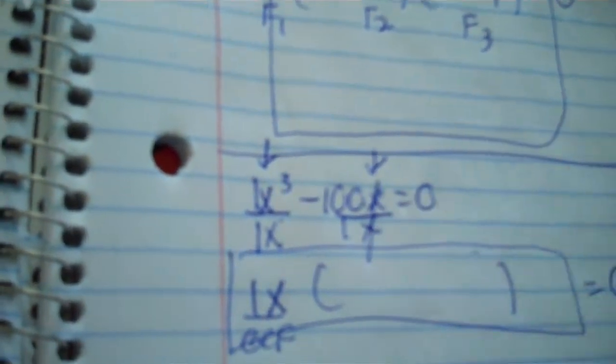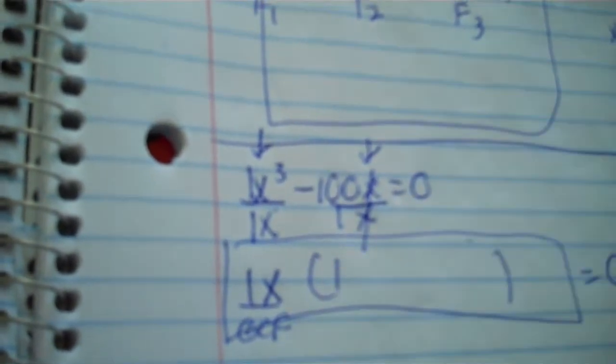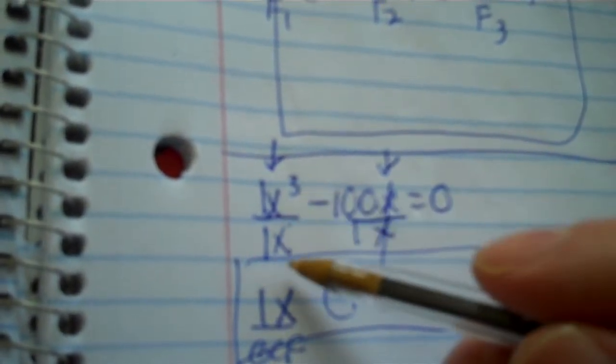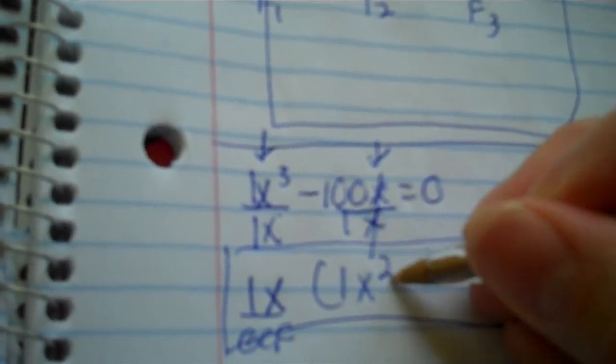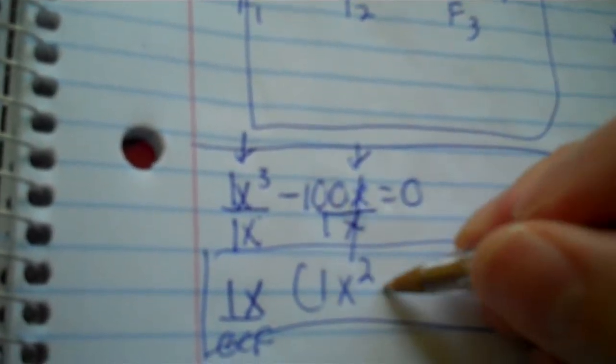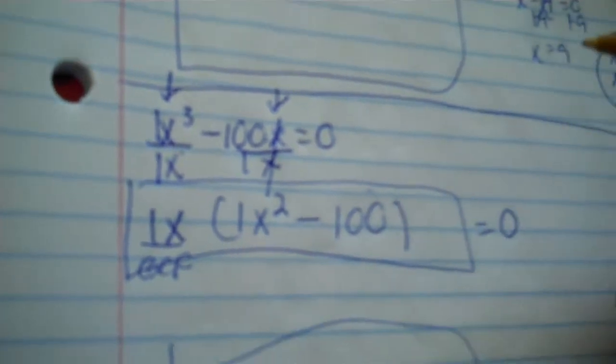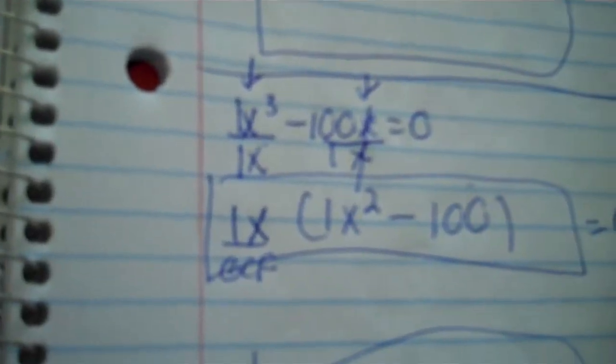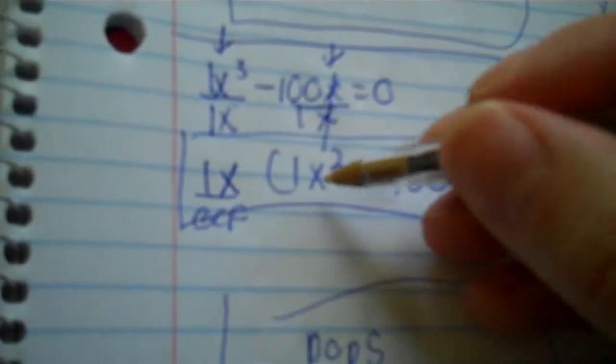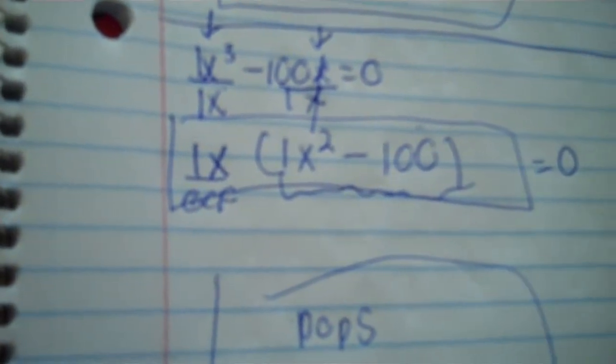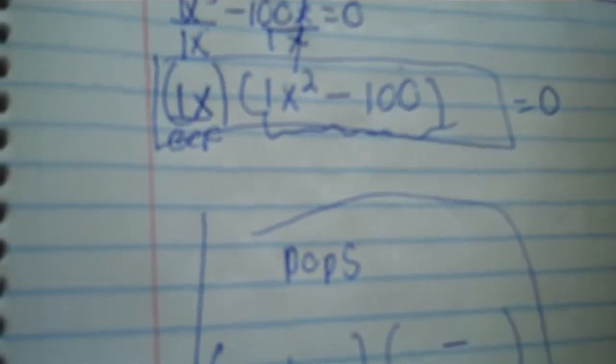So I divide by 1x. 1 divided by 1 is 1. Now remember, x to the third divided by x is x to the second. Then minus, and then 100 divided by 1 is 100. Now the difference of perfect squares: you're looking at that second parentheses. This one here will just drop outside.